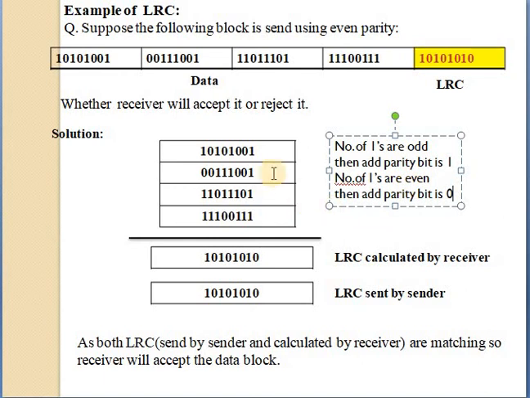Here the number of ones is even in the first column, so we add a 0.